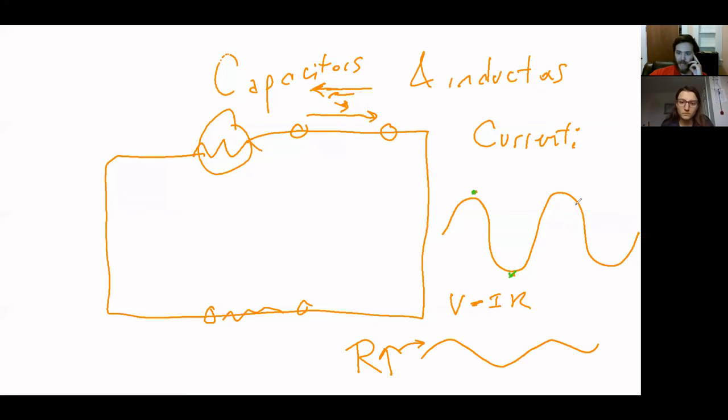Now, if we look at the addition of a capacitor, well, what does this do to our circuit? And that shouldn't be there, so I'm sorry, we'll pretend it has a dielectric in between it.